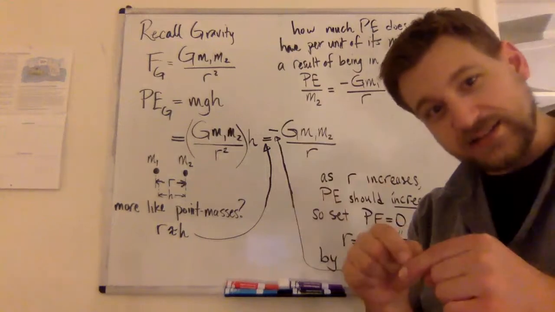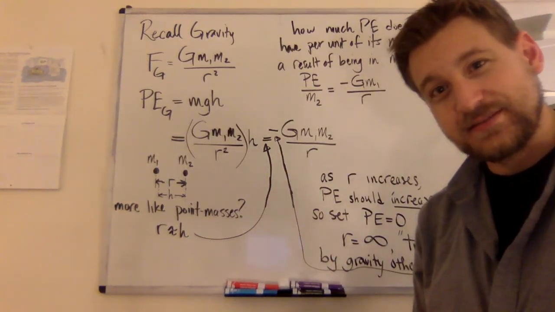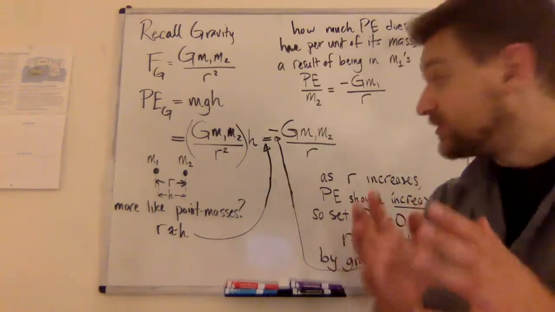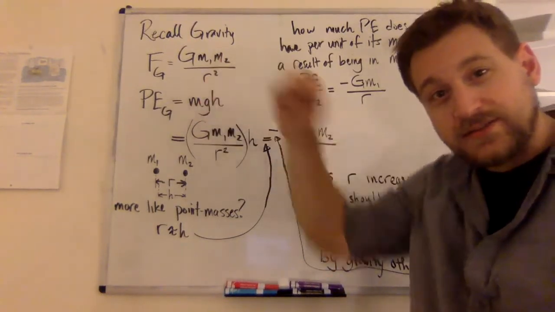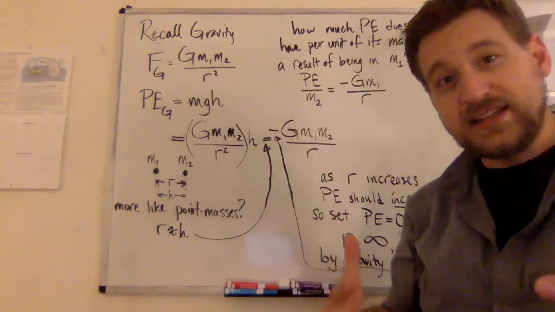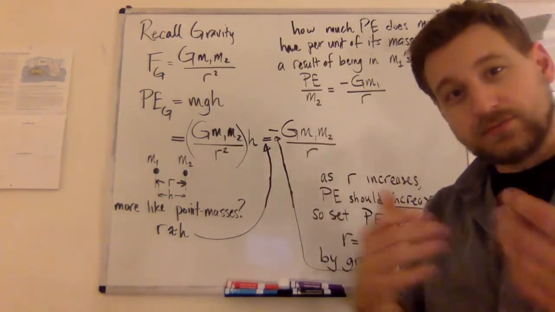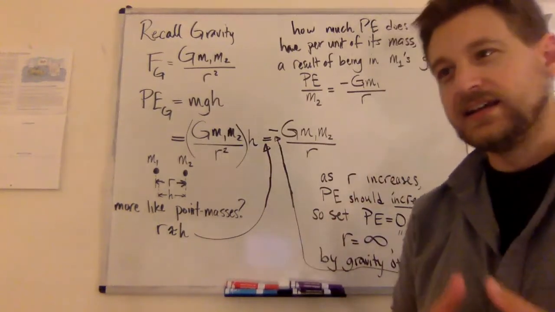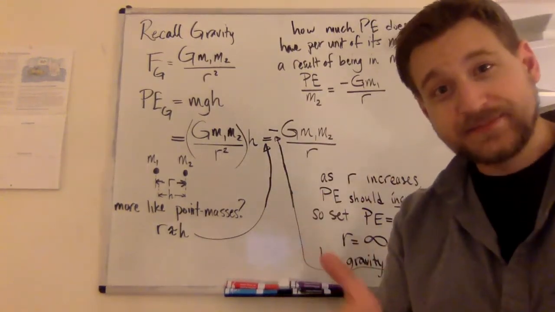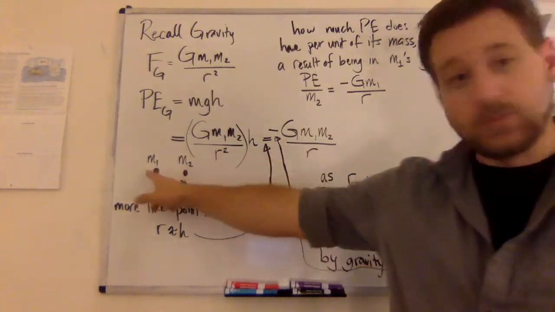The closer we get, the lower our potential energy becomes. The closer we get, the stronger gravity is. The deeper the potential energy hole, the potential energy well that we have fallen into, right? The stronger the trap, the closer we get to M1.